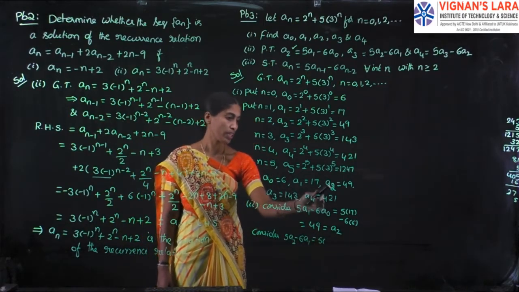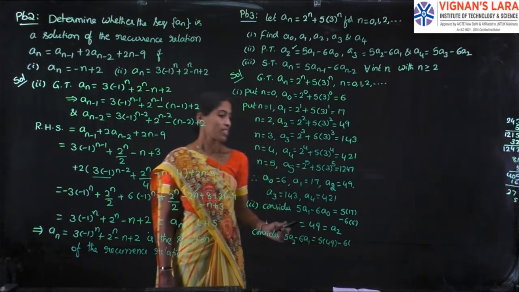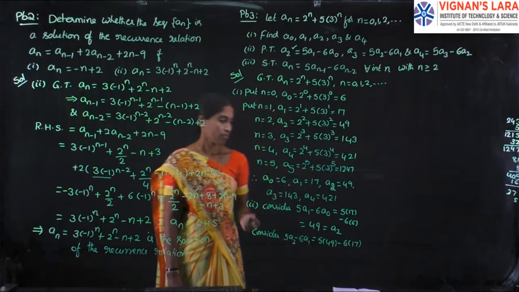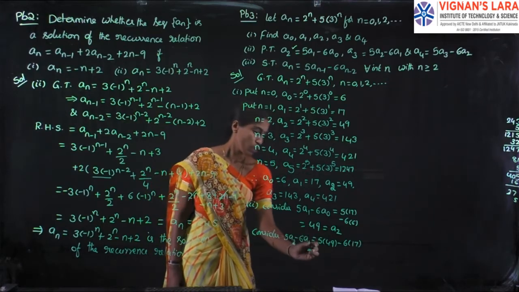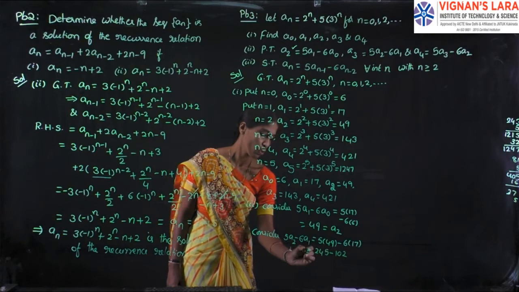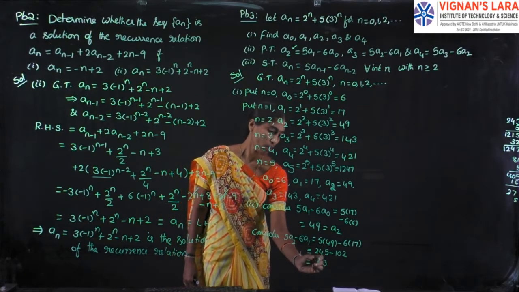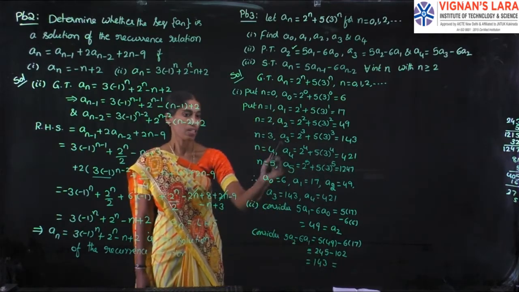Already we calculated a2, which is 49, minus 6 into a1. a1 is 17. Right? So which is equal to 245 minus 102. So what is the value? 143. 143 is same as a3.